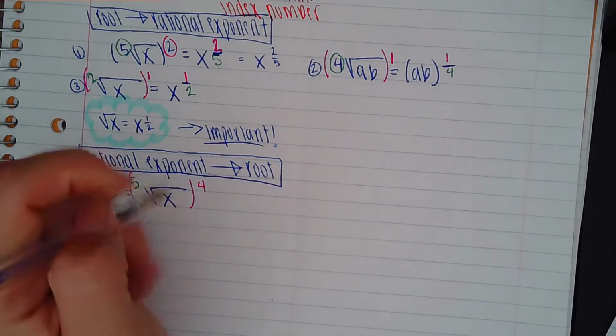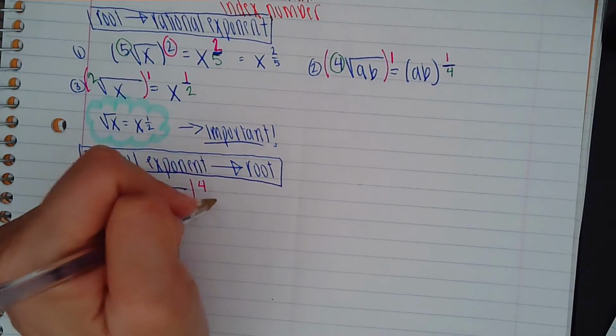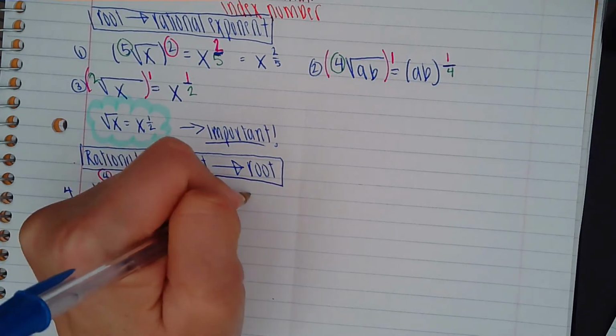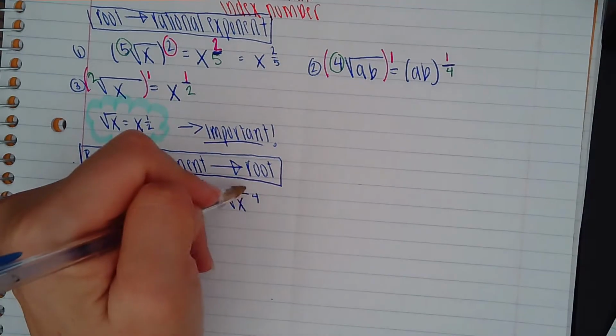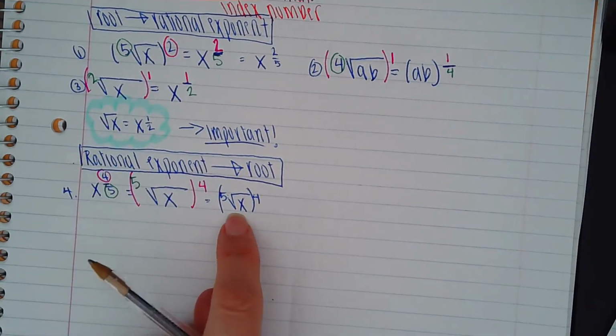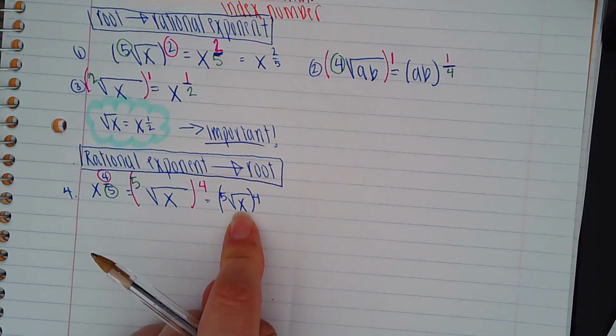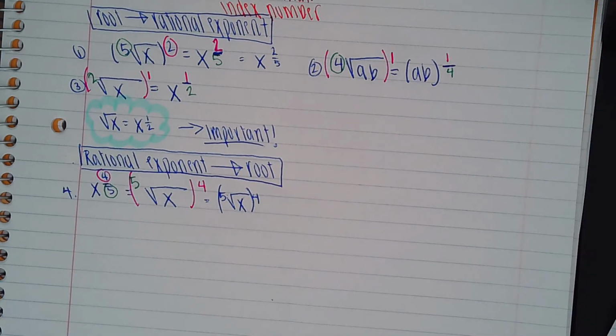And what would that look like without all this color? Just so maybe you have more of a black and white mind, it is x to the 4th. Oh, and I would just put my parentheses around here. I like to put parentheses just because it makes it easier when you're solving it a little bit later.